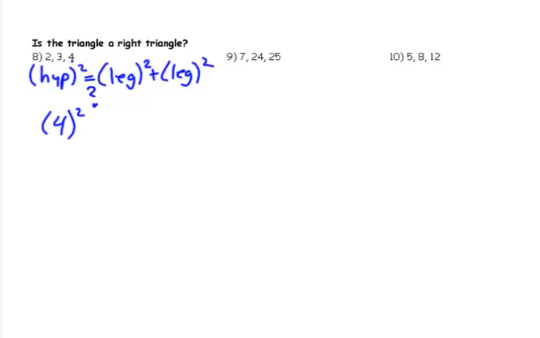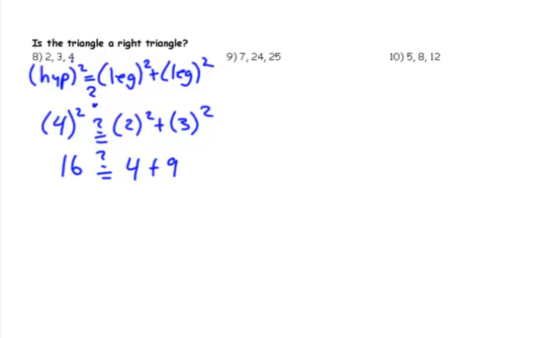Well, is 4 squared equal to 2 squared plus 3 squared? The 4 squared is 16. The question is, does 16 equal 4 plus 9? 16 does not equal 13, and therefore it is not a right triangle.